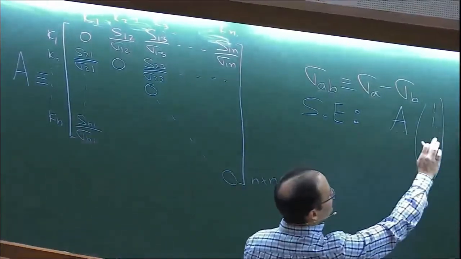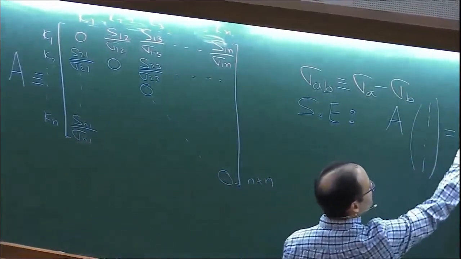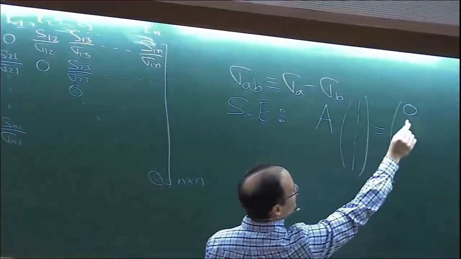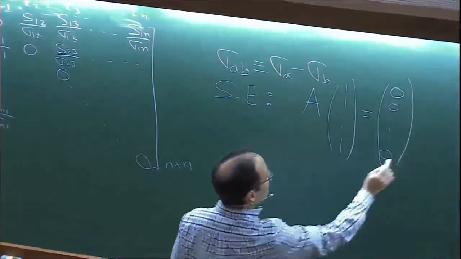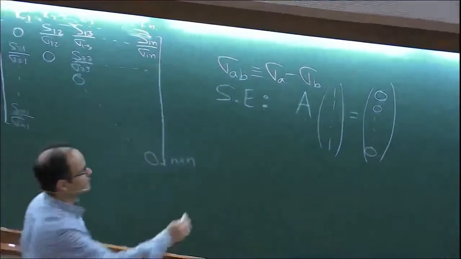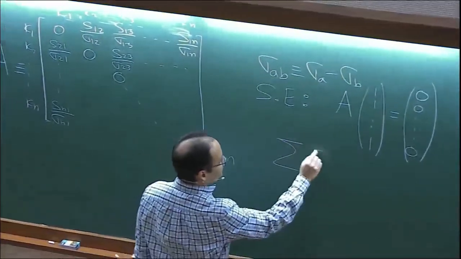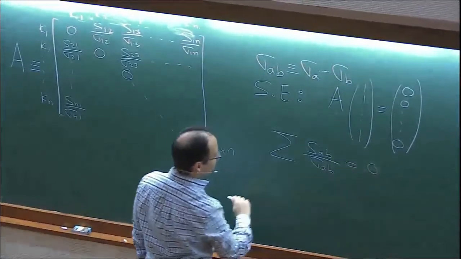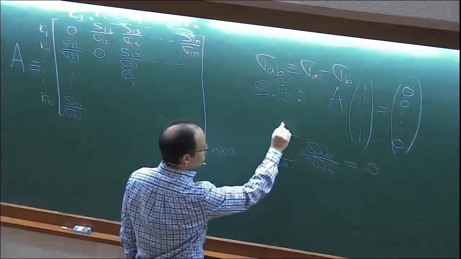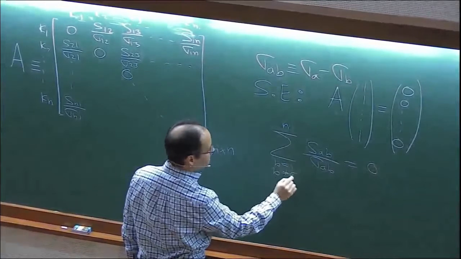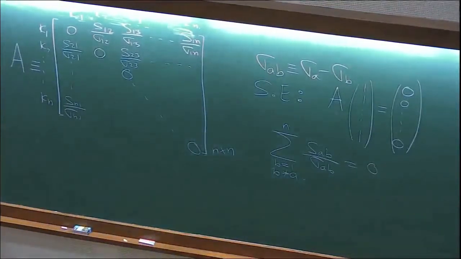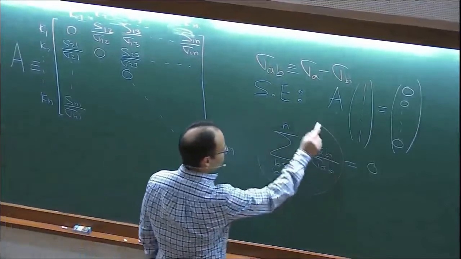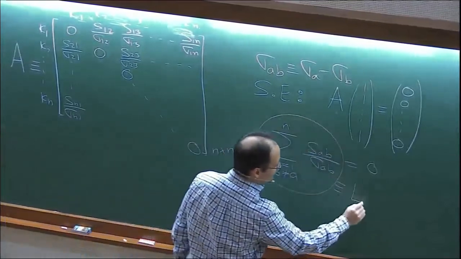If I multiply this matrix with this vector and require that it be a null eigenvector, I get the scattering equations, which are fairly easy to see would be of this form, by just doing the matrix multiplication. Let me call this E_A.